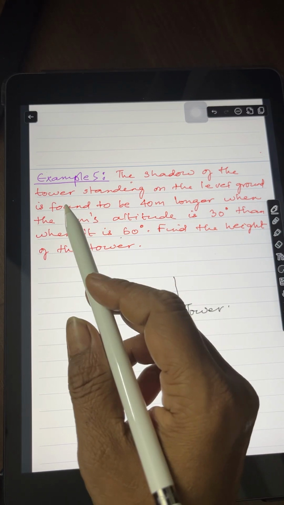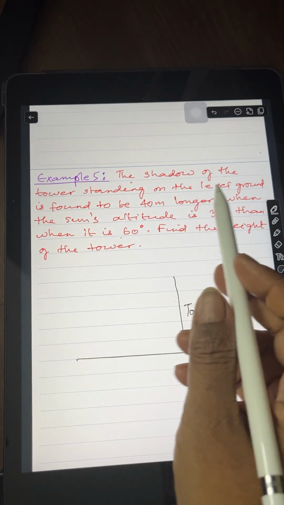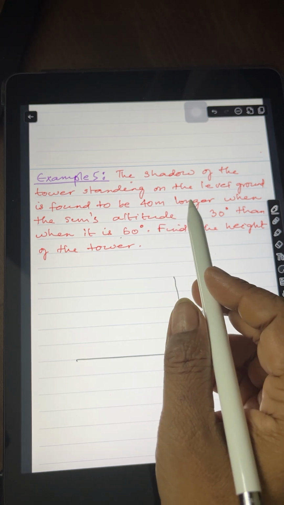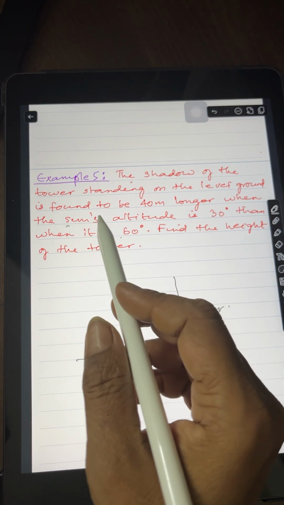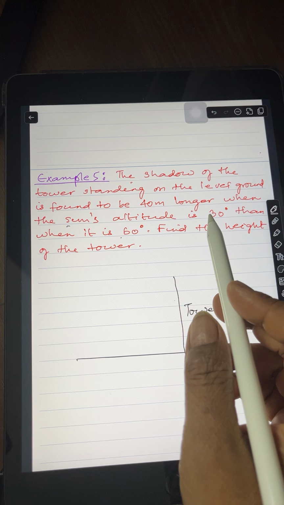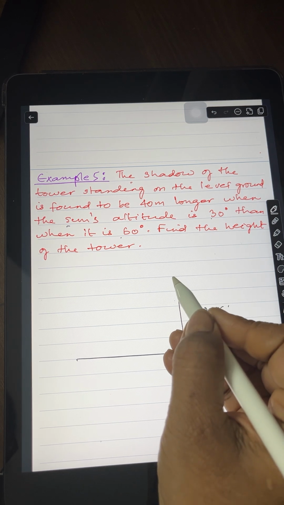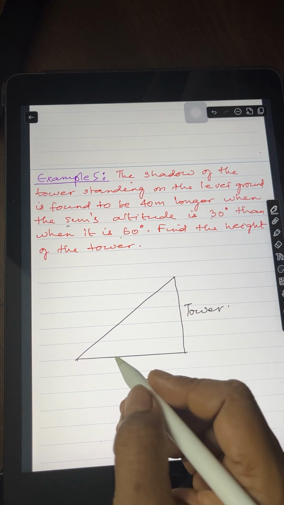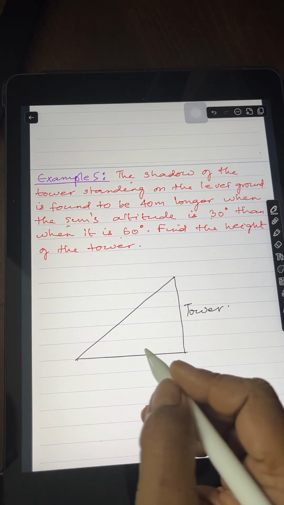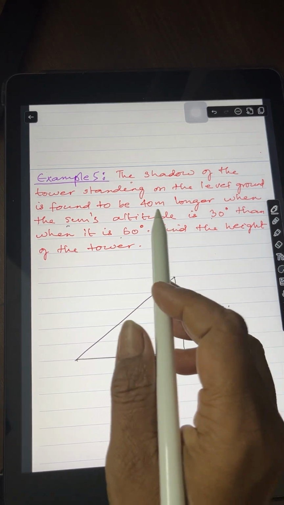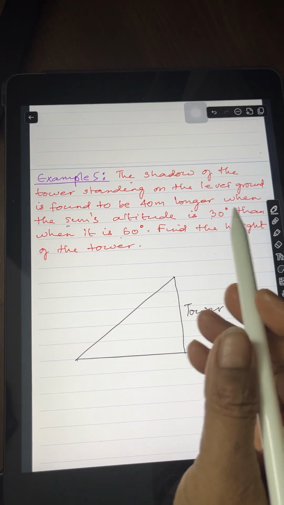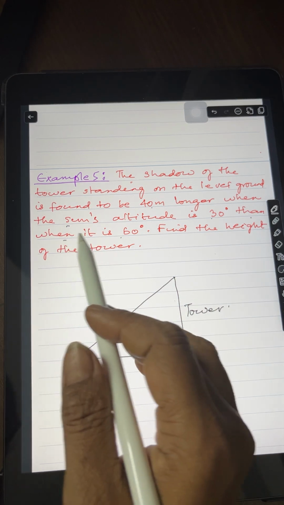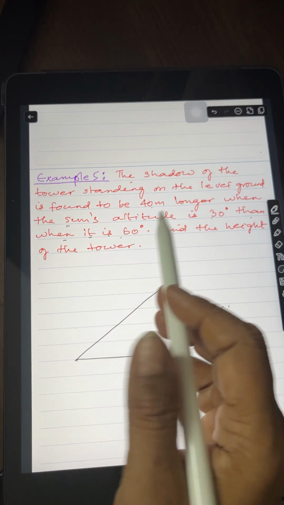When the sun's altitude is 30, the shadow is 40-meter longer than when it is 60.